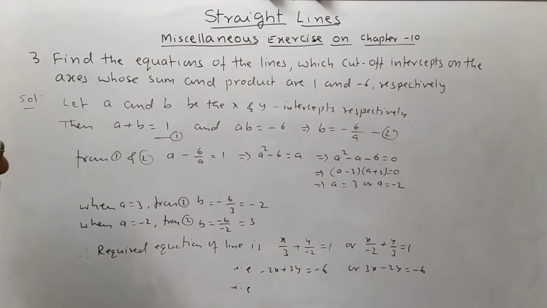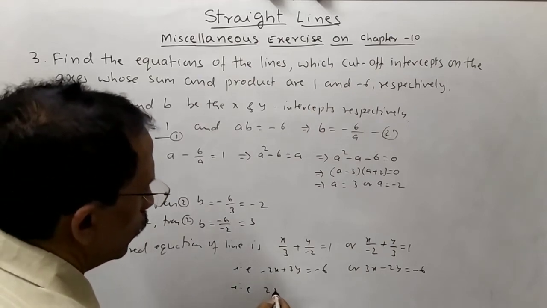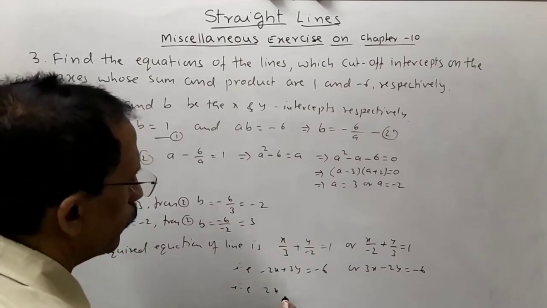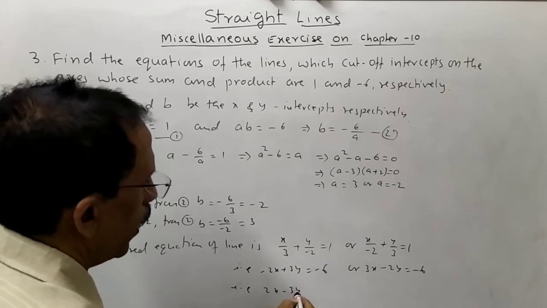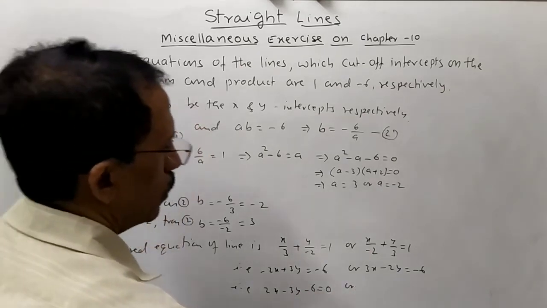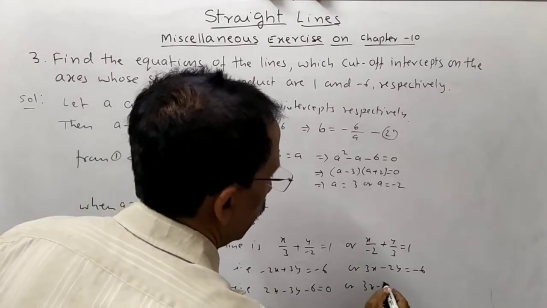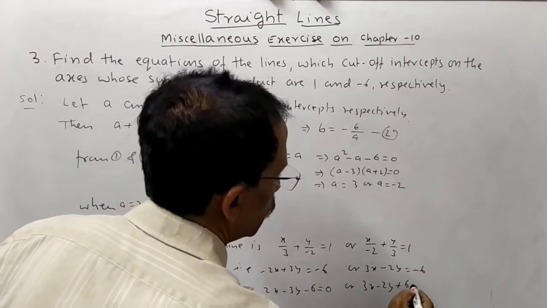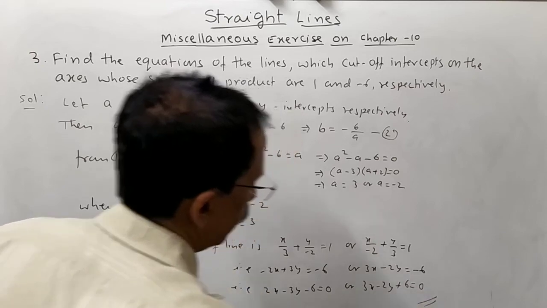That is, 2x minus 3y minus 6 is equal to 0, or 3x minus 2y plus 6 is equal to 0.